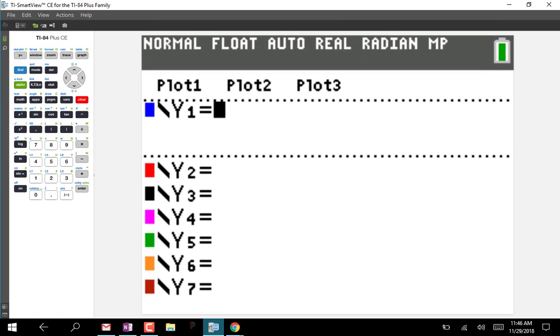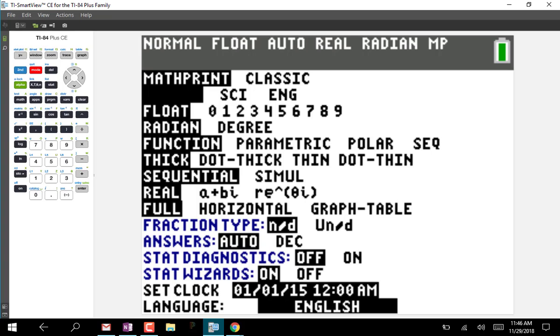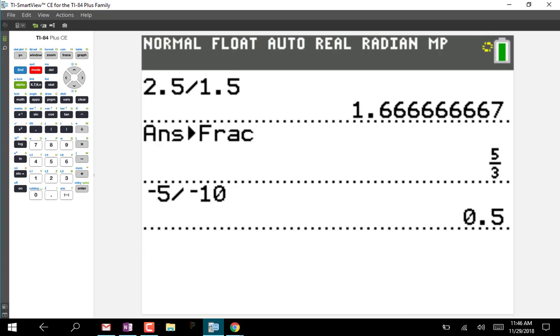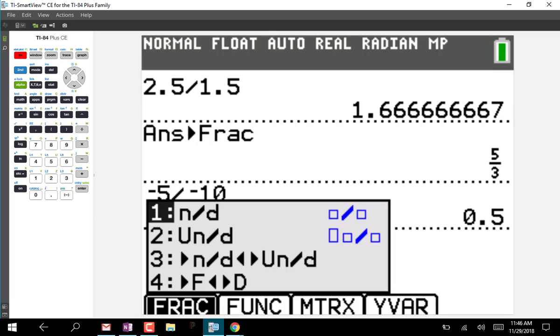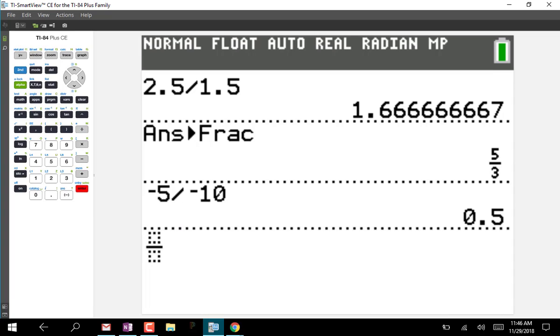There are two ways you can do this. I'm actually going to show you guys a really cool method with fractions so that you never have to worry about parentheses. If you press the green button, alpha, and you press y equals, do you see this little n over d? If you press enter, look, it makes the fraction for you. So that in the future, you would never have to worry about parentheses again.